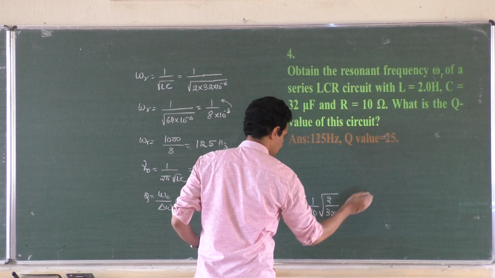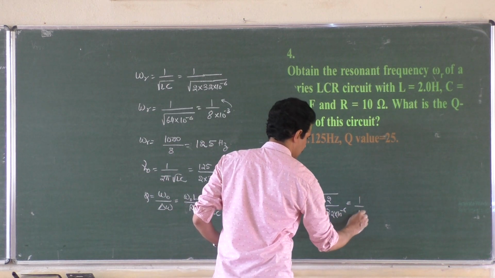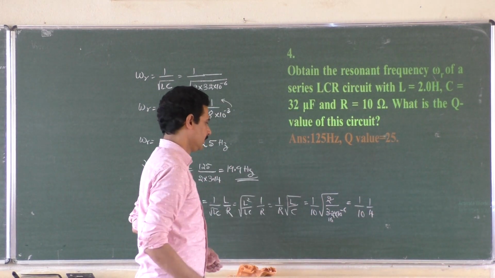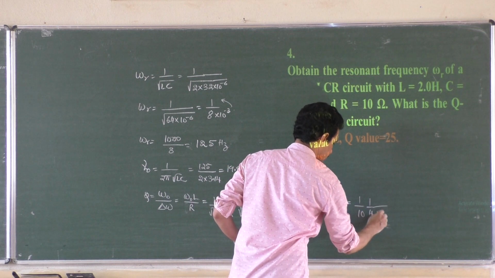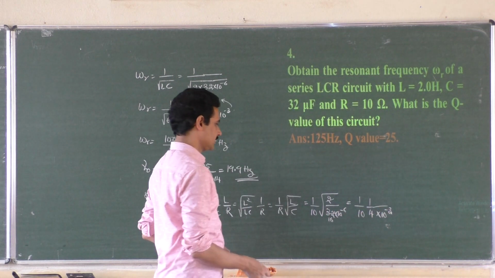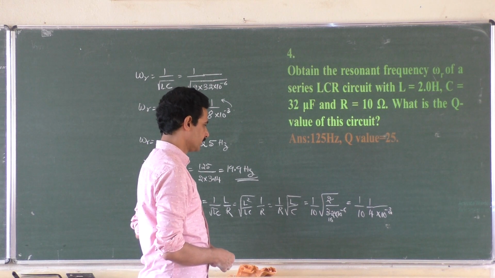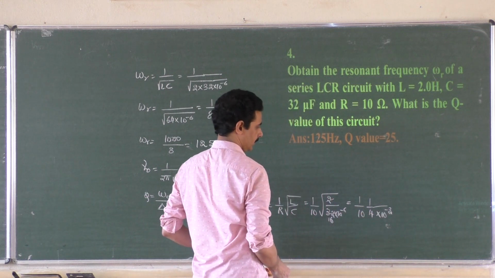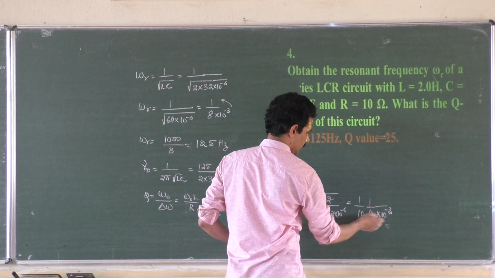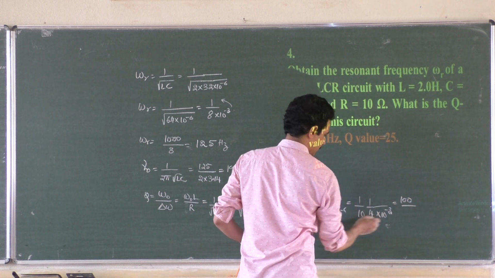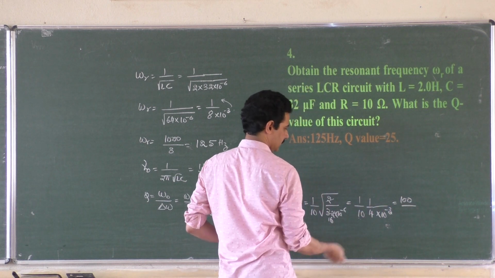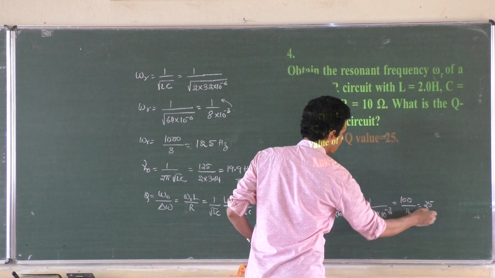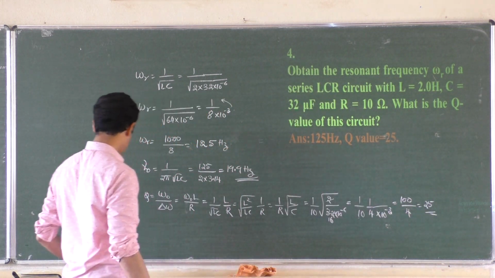I think this can also be done without calculator. 1 by 10, this is root of 16, that is 4, so 1 by 4 into 10 to the power minus 3, because the square root of 10 to the power minus 6 is 10 to the power minus 3. Bring it to the numerator, 10 to the power 2, 100 by 4, that is 25. No unit, quality factor is 25. So that is the problem.